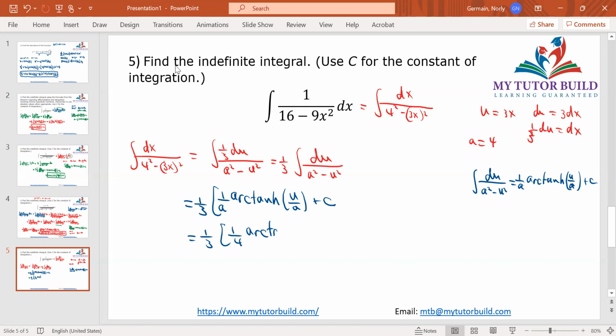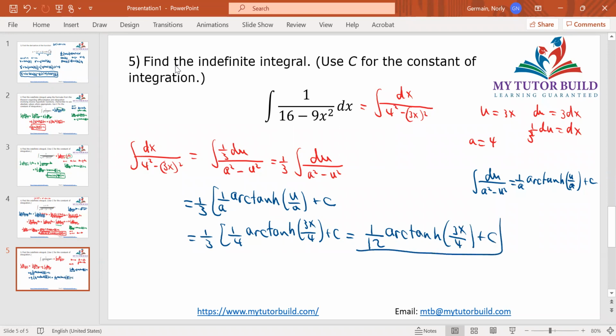When we said arc hyperbolic, it can also be inverse, I mean, tan power -1. You can write it like this also. u is 3x over 4 plus c. So the final answer would be 1 over 12 arc hyperbolic tangent 3x over 4 plus c. This is the final answer.